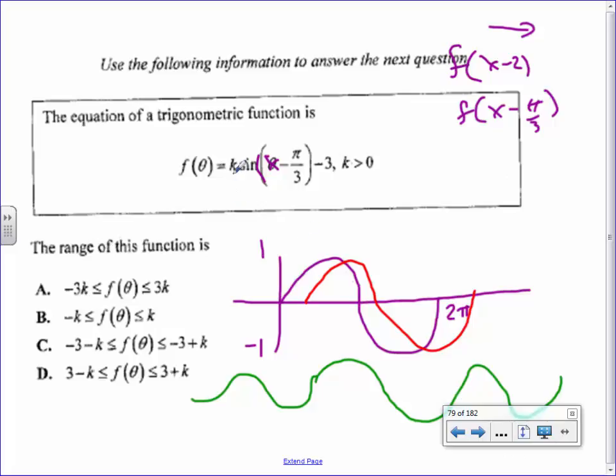Last thing, what about this k value here? Now we don't actually get to know what that number is, but what does a value in this location do to a graph? Stretches it taller, right? If the k value was right here, inside the brackets, that would stretch it side to side.